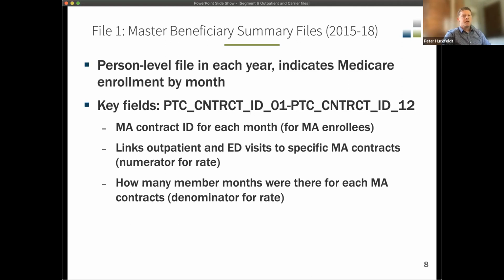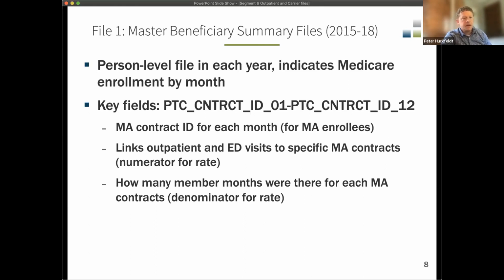The key fields that we used for this analysis were the contract ID for each month for Medicare Advantage enrollees. The variable name that you can find in the encounter data documentation is on this slide.